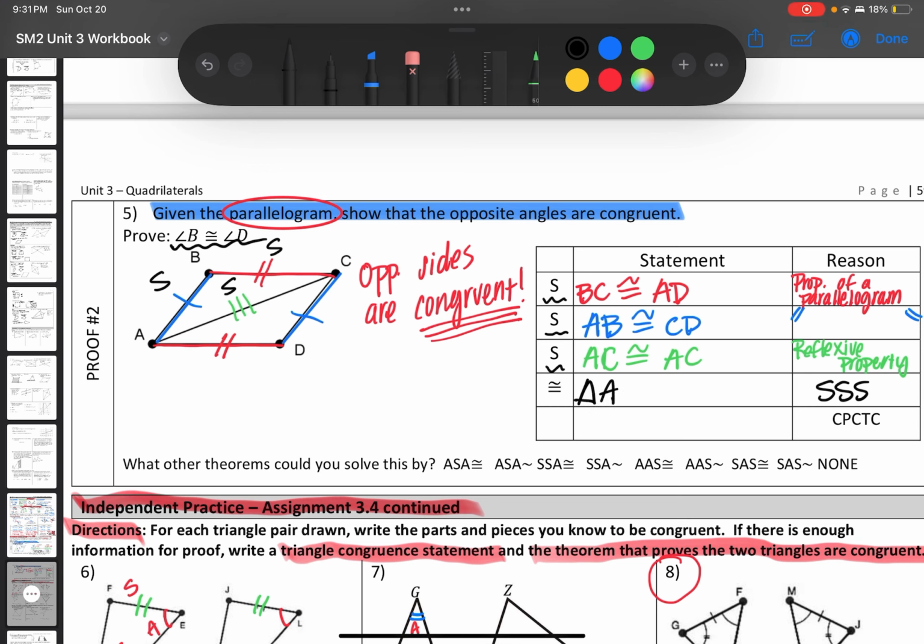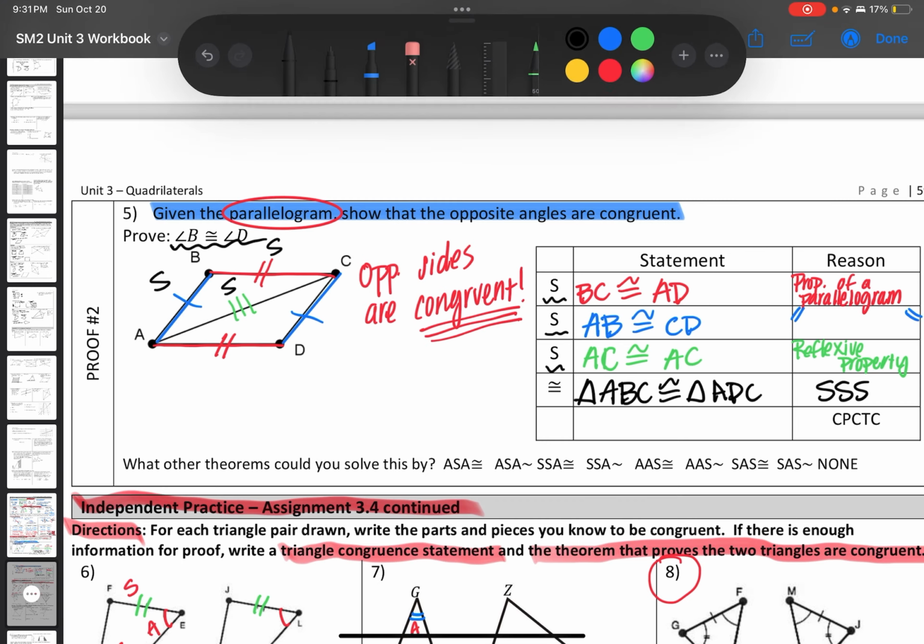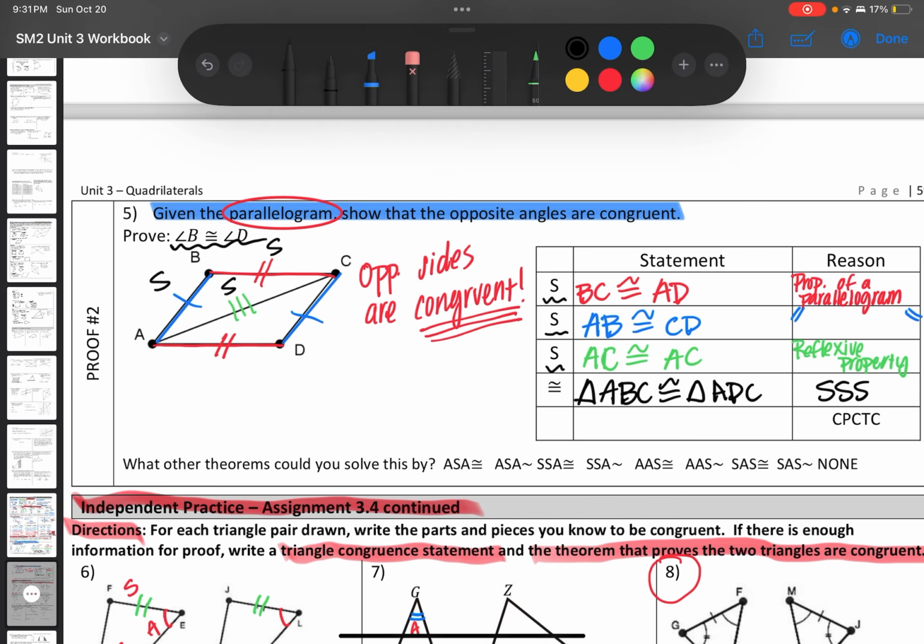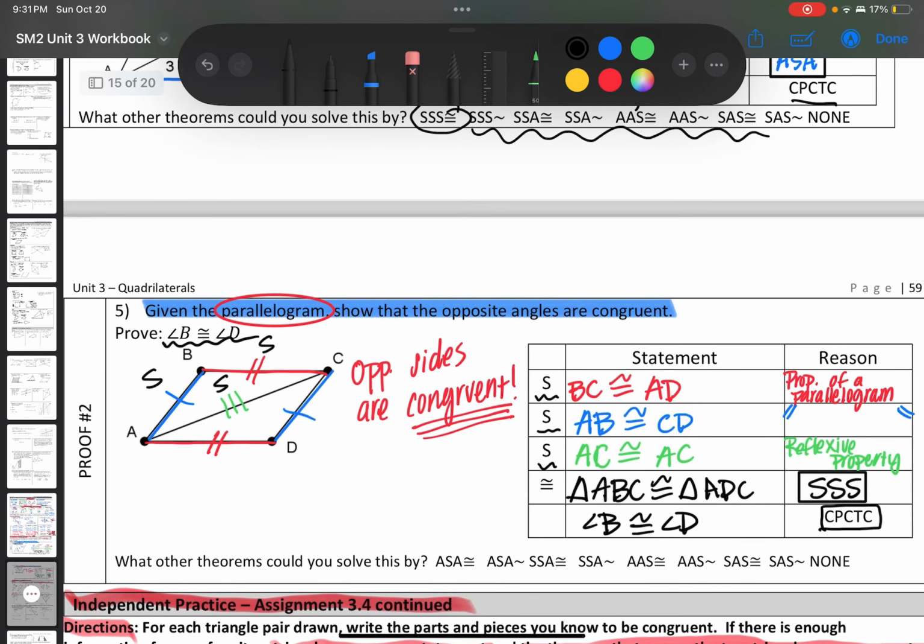So triangle ABC is congruent to ADC by side, side, side. Because they're congruent, all of the other corresponding parts are congruent. So I just proved that angle B is congruent to angle D.